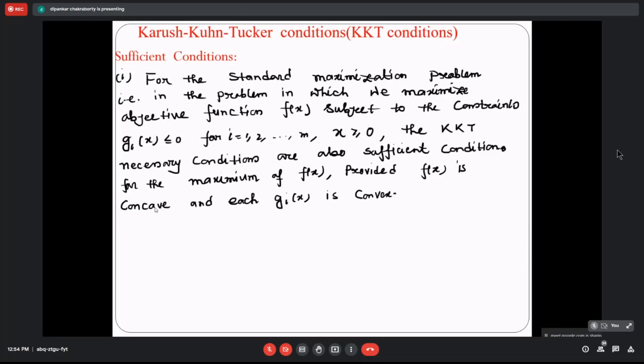Achha, what is the meaning of that? KKT necessary conditions are also sufficient conditions. What is the meaning of that? Anyone?